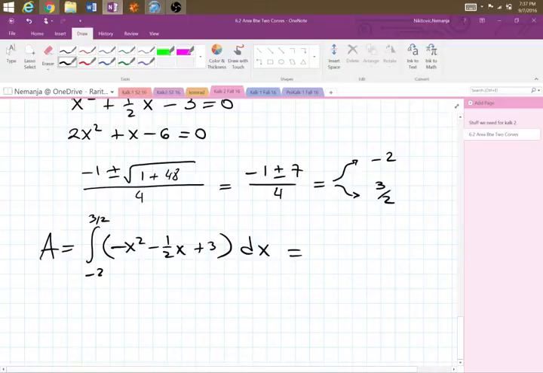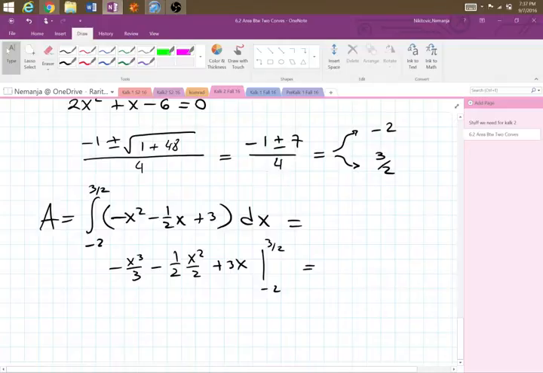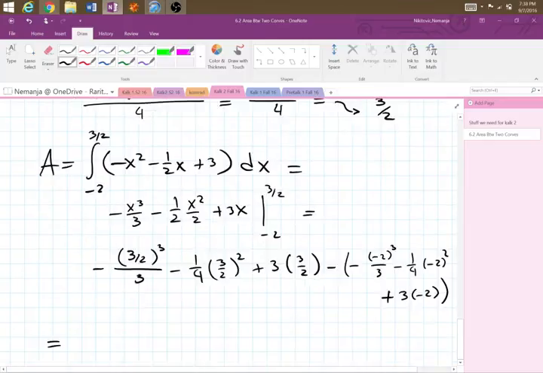So now when we integrate, we get -x cubed over 3 minus 1/2 x squared over 2 plus 3x from -2 to 3/2. Plug in 3/2. So we have 3/2. That's 3 3's, but there's 1 in the denominator, so 1 will cancel. So you have 9 8's there. Plus minus 9 16ths plus 9 halves.